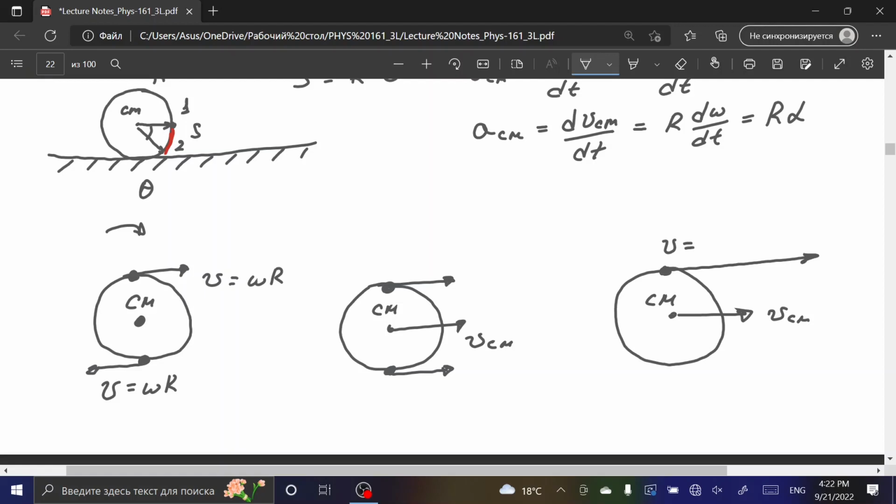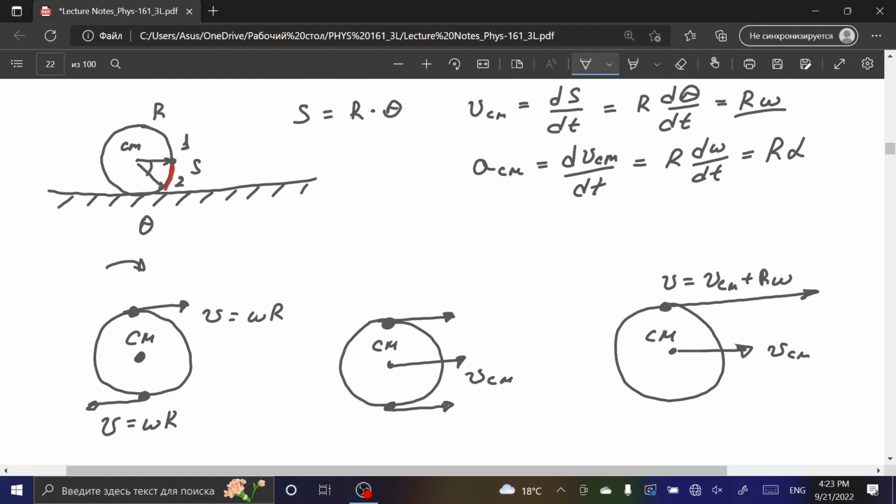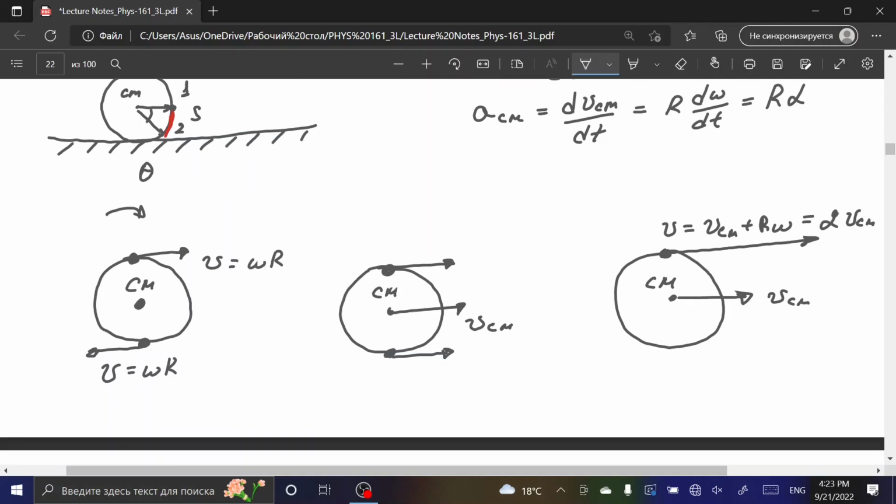It will be translational motion plus rotational motion. That will be V center of mass plus R times omega. And we know that R times omega is equal to the velocity of the center of mass for a rolling object. So that will be equal to 2 times the velocity of the center of mass. Now let us draw here this surface over which this rigid body is rotating. And what about this lowest point?